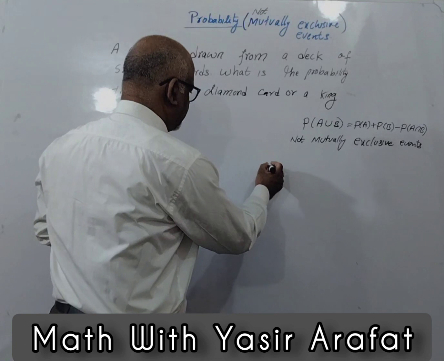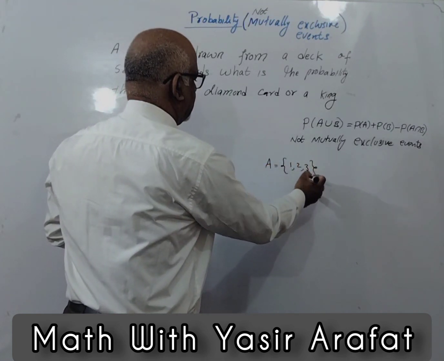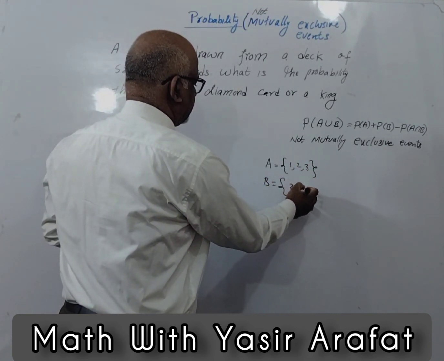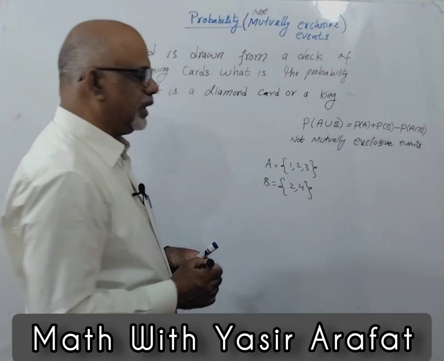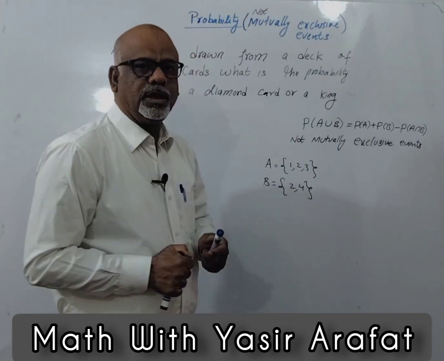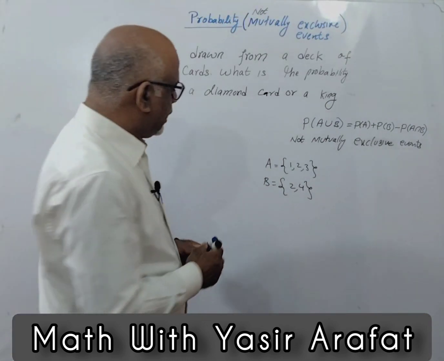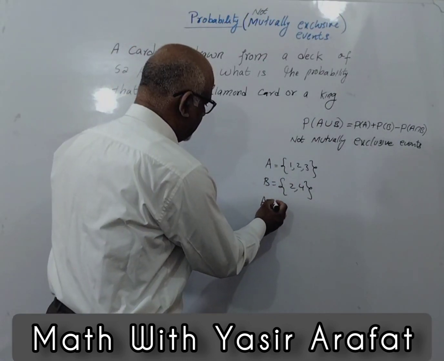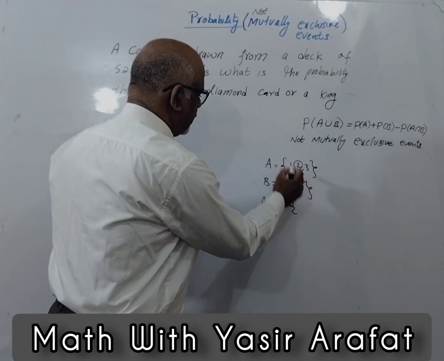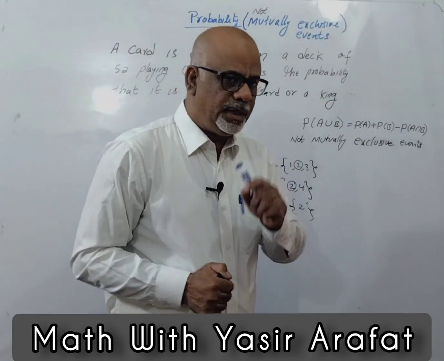For example, two sets are given here. One set is having the elements 1, 2, 3, and the other one having the elements 2, 4. So there are two sets, set A and set B. If we take out their intersection, A intersection B, there is a 2 common. It means A and B are joint sets.